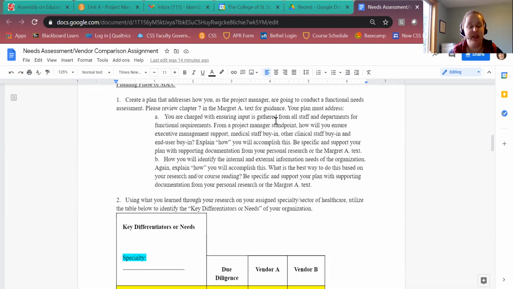And of course, our library databases, where you can search for peer-reviewed articles, and definitely the Margaret A textbook and the Oakes and Waters textbook. So if you're making a claim or a recommendation that, okay, in order to get medical staff buy-in, I'm going to do this, this, and this.